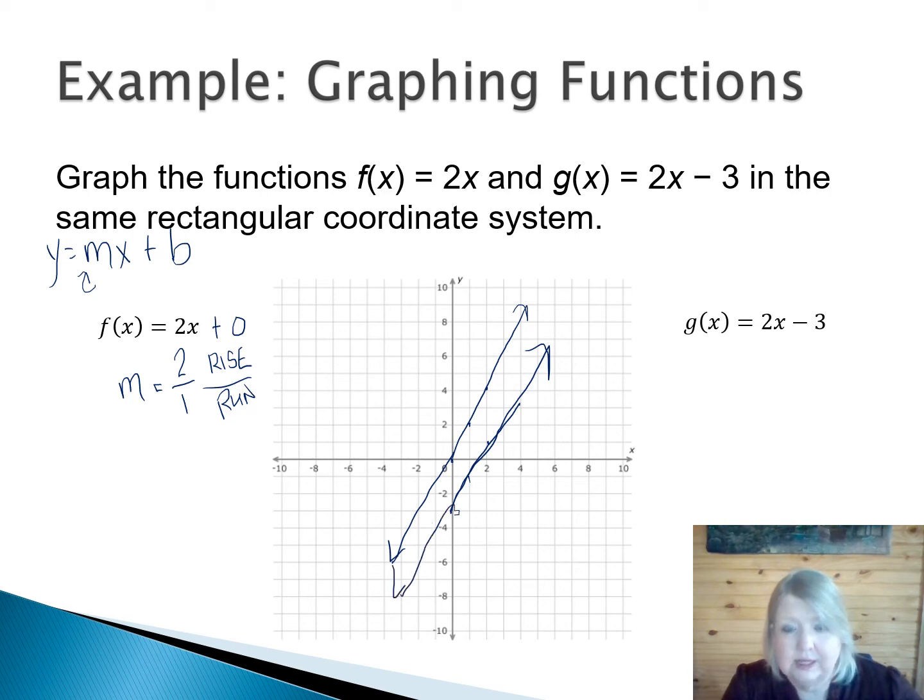Because I want you to see that there are options. You can always make an XY table, but that's going to be the long way for the majority of functions. So if you will learn what each number in the equation means as far as the graph is concerned, or depending on what the function is, what groups mean, then it's going to be much easier to sketch a graph.